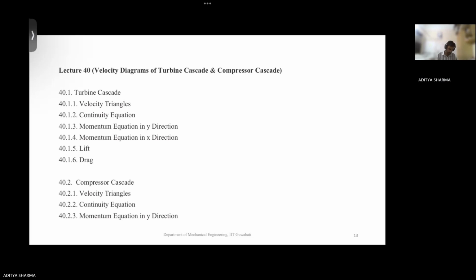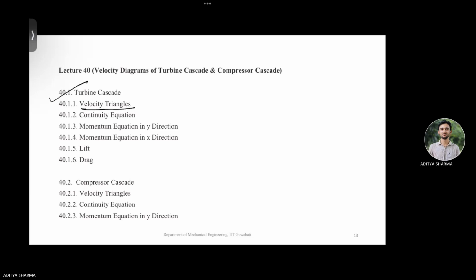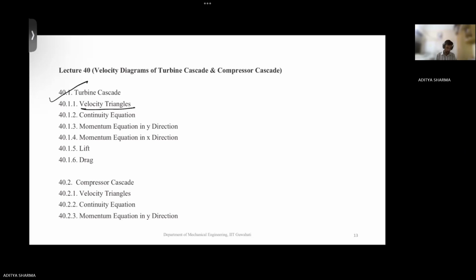In turbine cascade, we have seen different angles. Velocity triangles have been discussed.